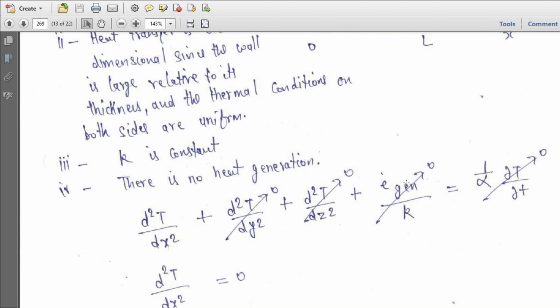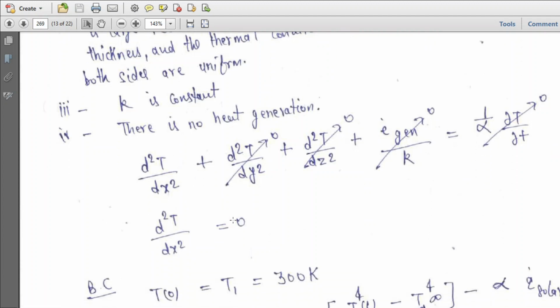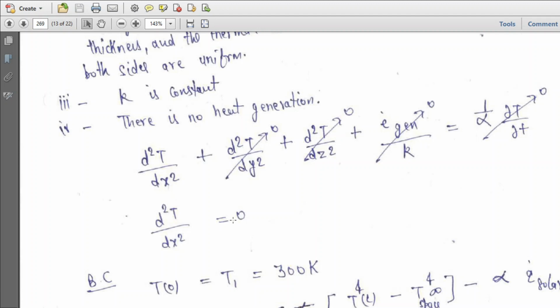No generation, this term is 0. Steady state operation, this term is also 0. So this is the equation you need to solve all the time under steady state, one dimensional and without energy generation within the material: d²T/dx² = 0.